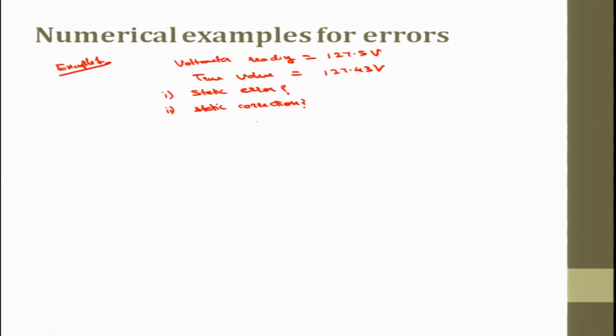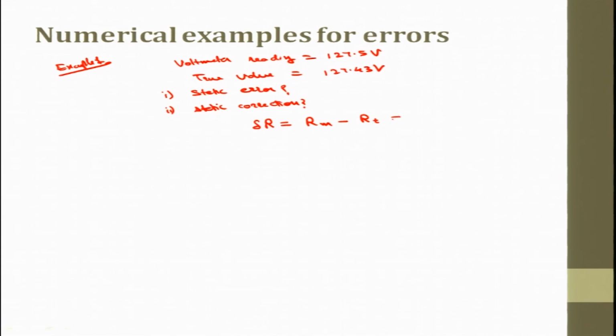So if I take this reading or result as R, okay, the delta R is equal to the reading that is from the instrument, that is the mean value, minus reading that is true value.